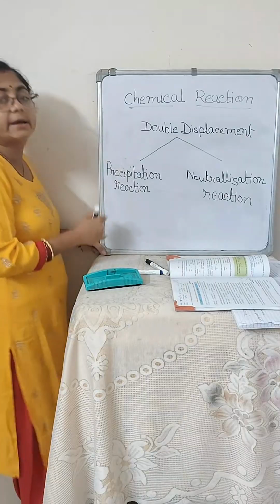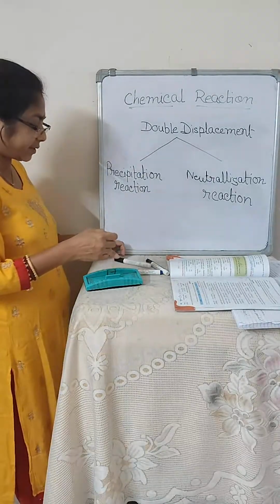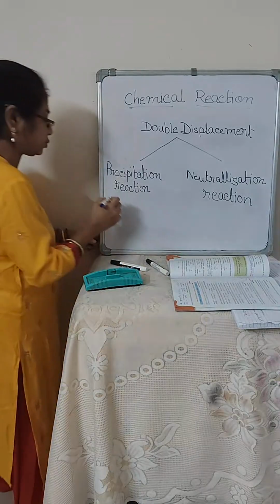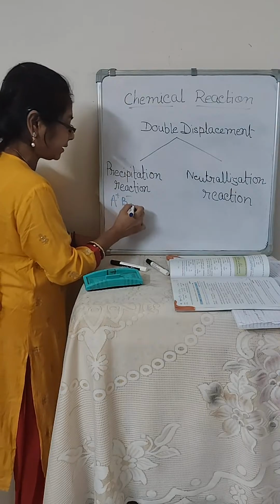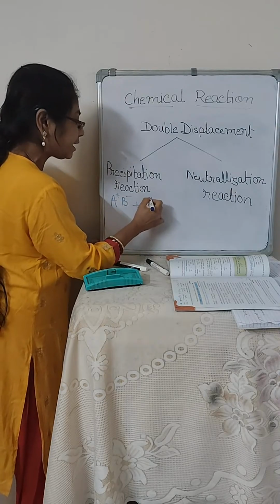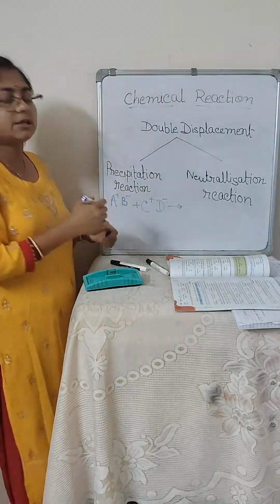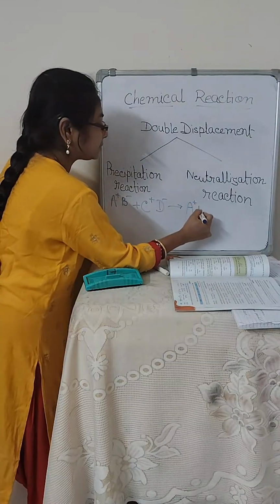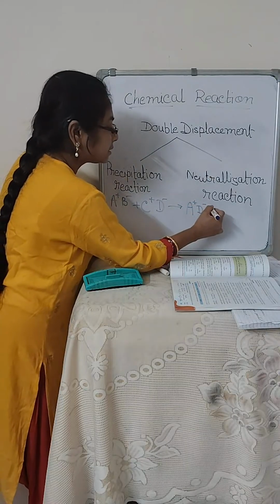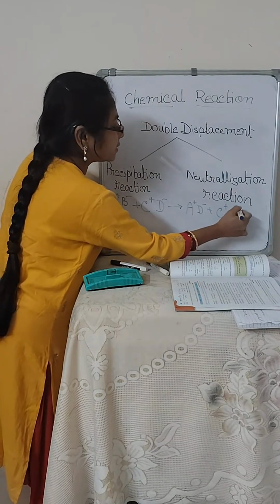How can I write the double displacement reaction, and what is it? First I write this: A plus B minus plus C plus D minus, means double displacement. A plus D minus, and C plus B minus.